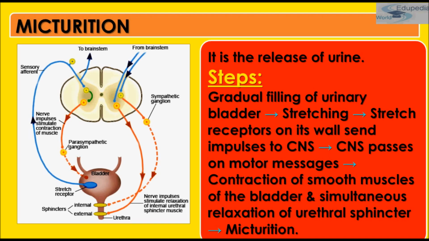Contraction of smooth muscles of the bladder and simultaneous relaxation of the urethral sphincter is called micturition, that is, expulsion of urine from the urinary bladder. It is a reflex process, but in grown-up children and adults it can be controlled voluntarily to some extent.